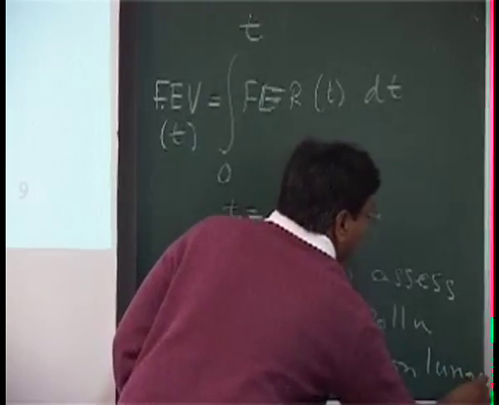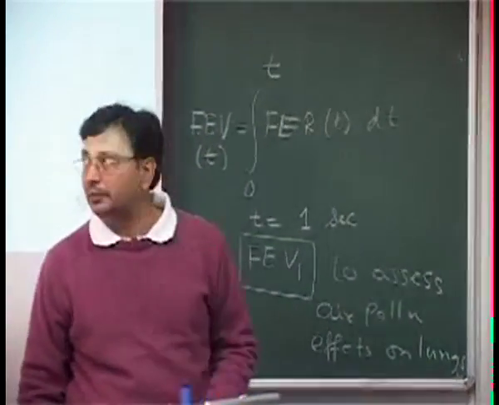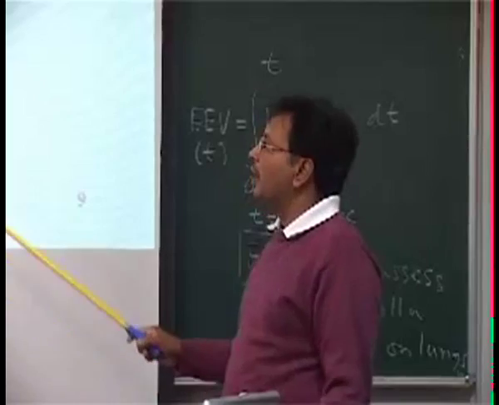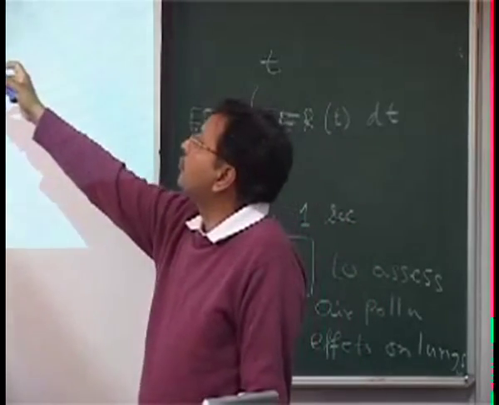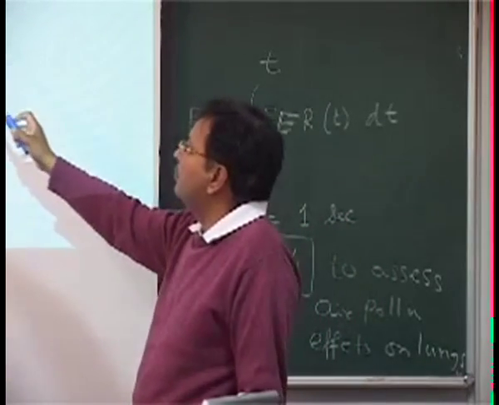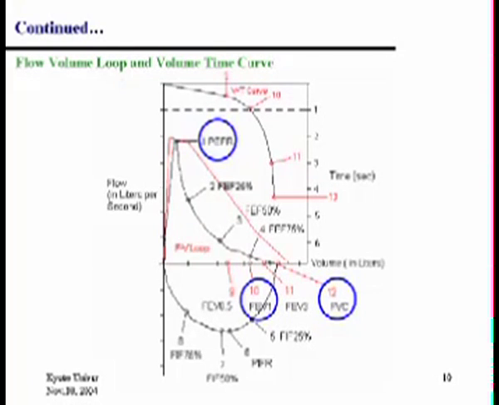One of the important things. There are many other things which people do. So you can see here, this is FEV3. This is in 3 seconds, how much of the volume.